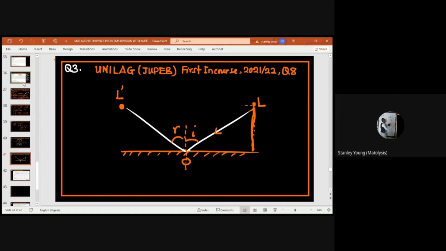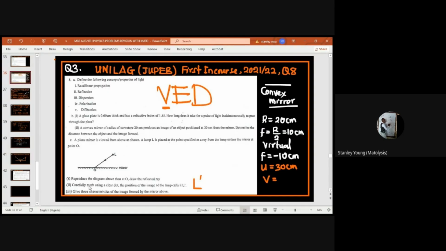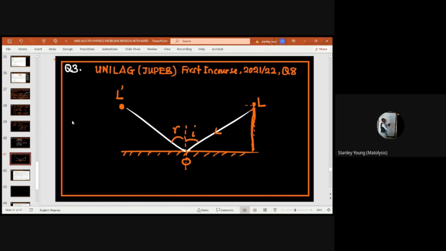And lastly, the question wants us to give 3 characteristics of the image formed. Number 1, the image is erect or upright. 2, it is virtual. 3, it is laterally inverted. You still remember what lateral inversion is?